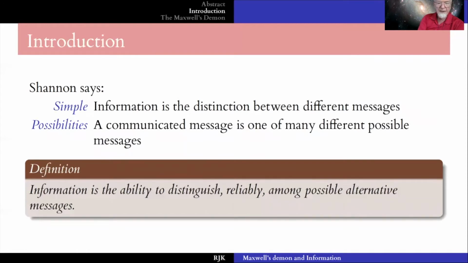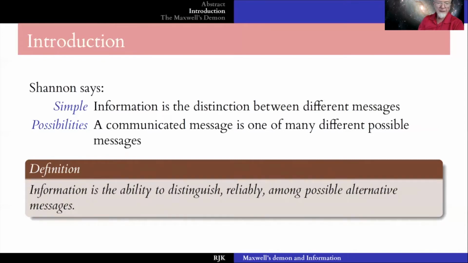Shannon says it is two things. One, it is simple. Information is a distinction between different messages. And two, it's about possibilities. A communicated message is one of many different possible messages.